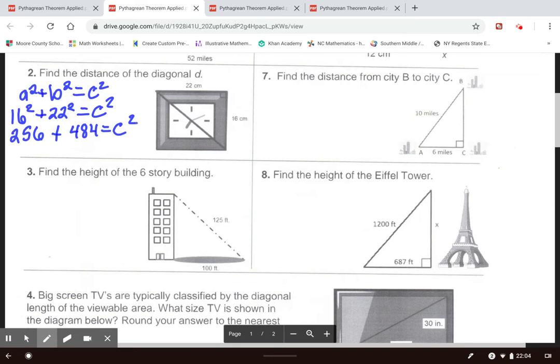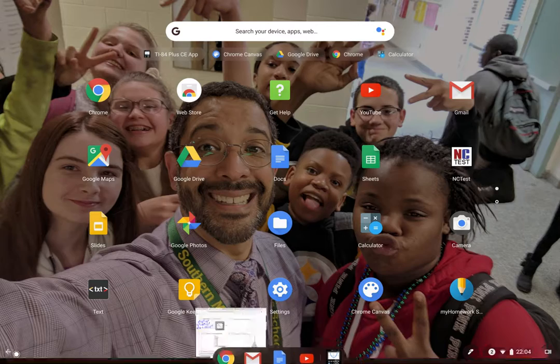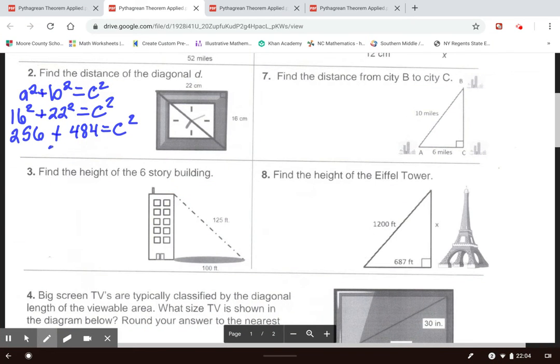All right, so when I add these two up, I get 740. So I have 740 equals c squared.